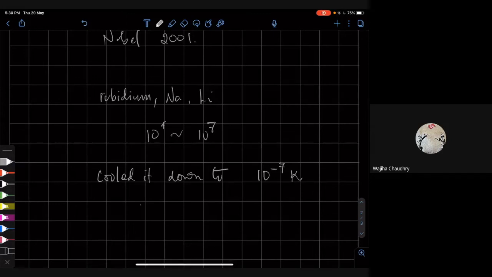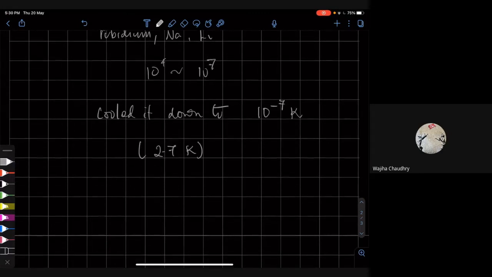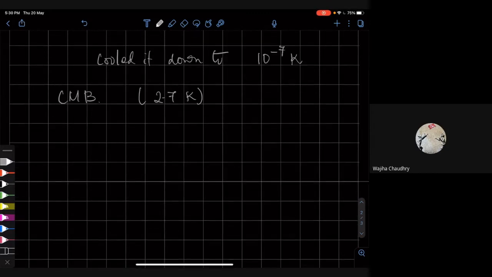In contrast, the temperature of the cosmic microwave background is about 2.7 Kelvin. If you don't know about the cosmic microwave background, it's essentially a black body radiation, which you should now know.